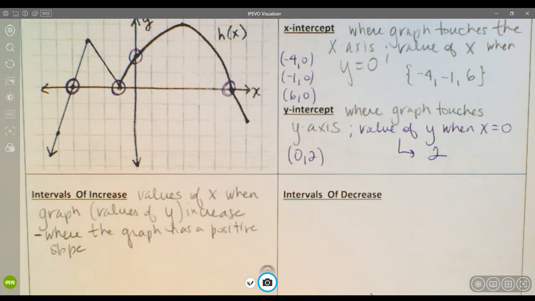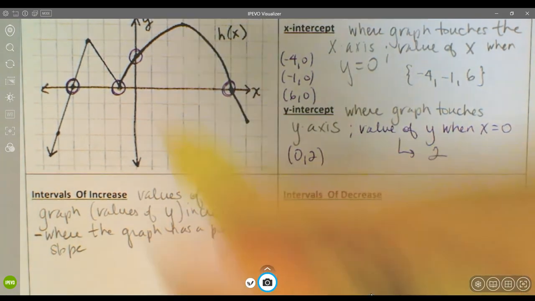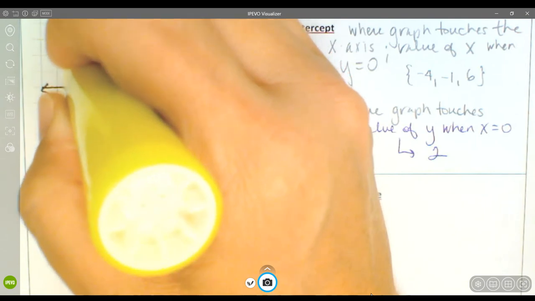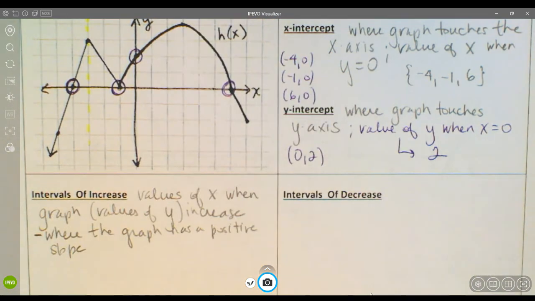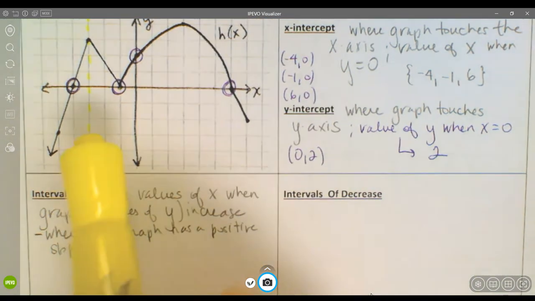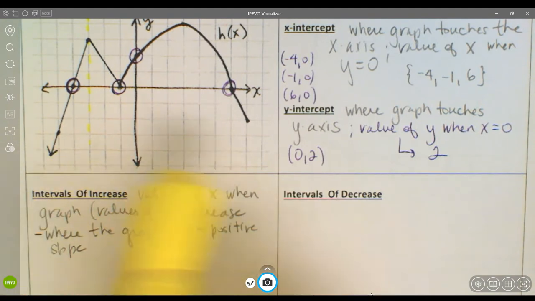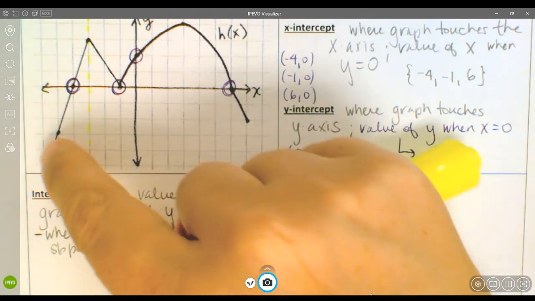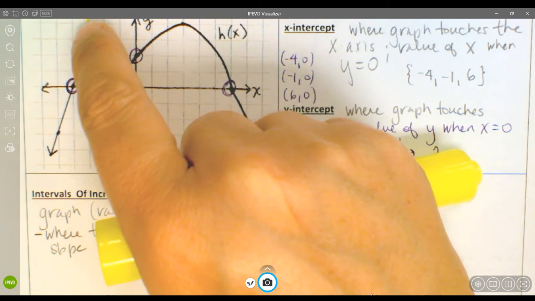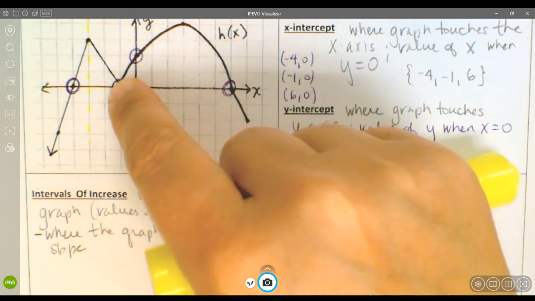So if I look at this graph, I can sort of see where it's broken up into parts. Let's just trace this really quickly. You always want to start a graph from left to right. So from the left, we're going to go up this slope, but then we turn around and go back down.